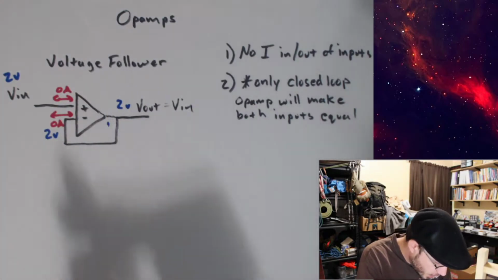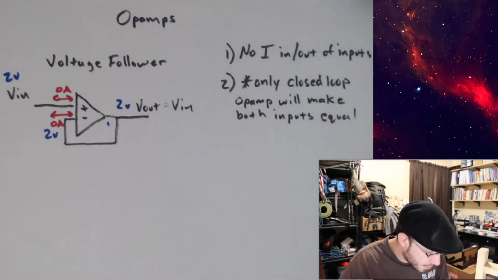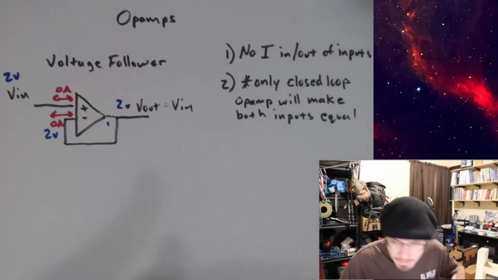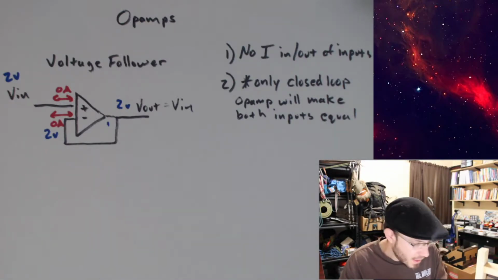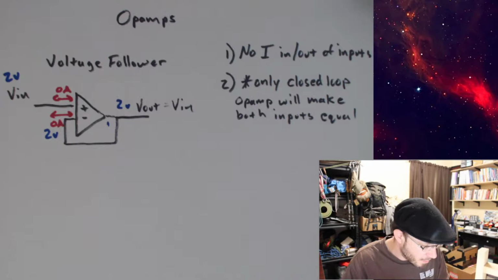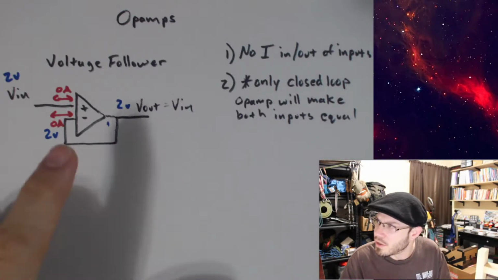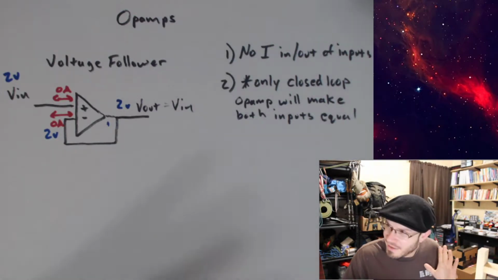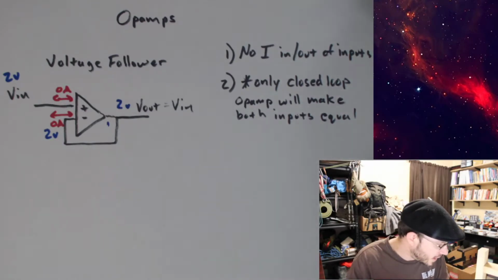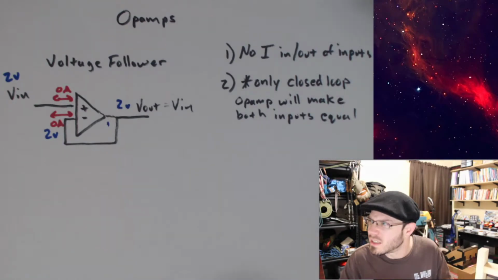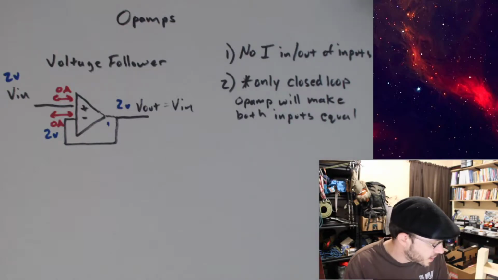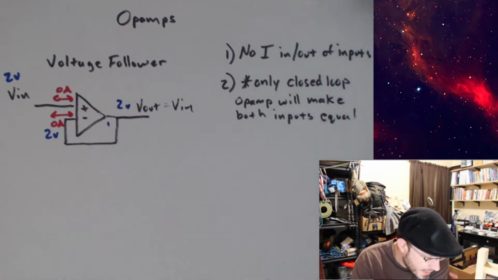I'll show you later how this gets applied to embedded systems and analog measurements by digital systems. That's really where you start to see a lot of the connection between 311 and your 262 material, your 346 material, embedded systems. So that's the voltage follower.